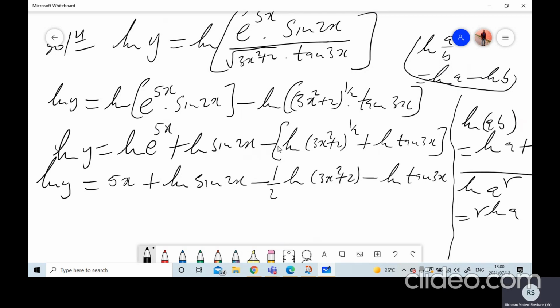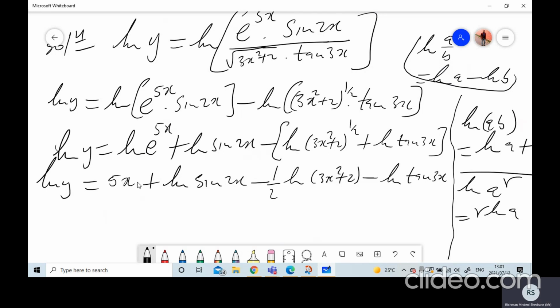And then we still see one of those three properties. This was the property ln of a to the r, and then we can take this r down. So this will be r ln of a. So ln of y will be, we take r down here, multiplied by ln e. Ln e we know is 1, so anything multiplied by 1 comes as it is.